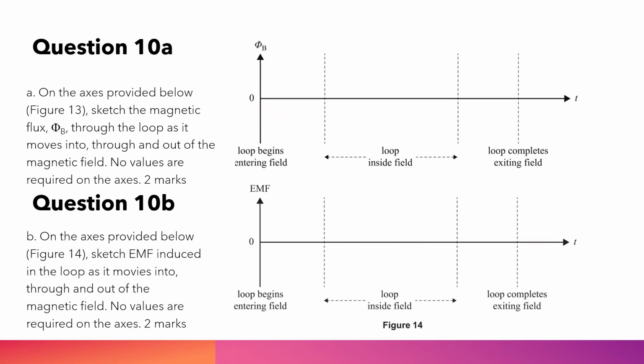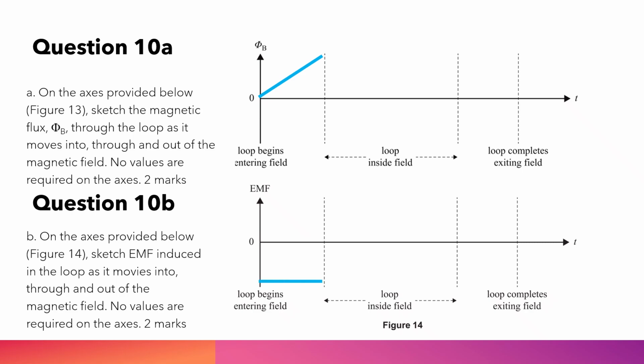The induced electromotive force, EMF, is generated only when the magnetic flux through the coil is changing, as defined by Faraday's law. Outside the magnet, magnetic flux is 0 and unchanging, so EMF is 0. Entering the field at a constant speed, the flux increases constantly, is a positive constant, inducing a constant negative EMF.